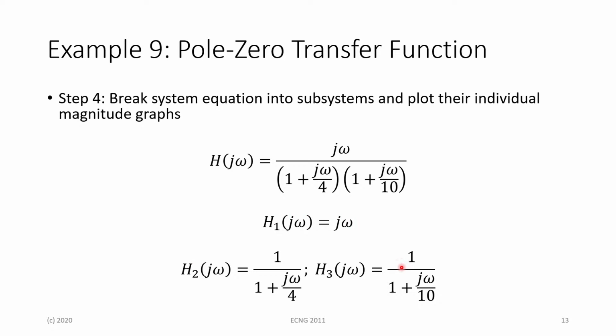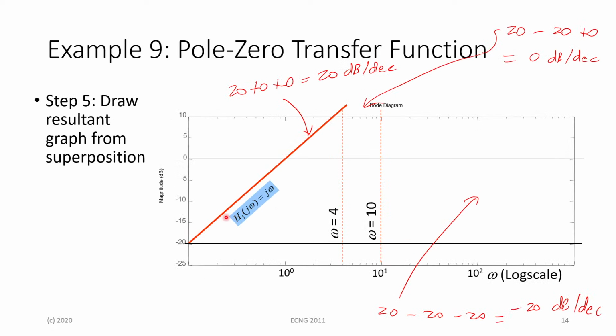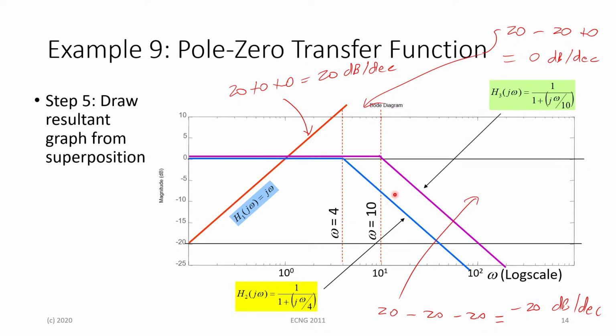When we plotted those, H1(jω) here is just 20 decibels per decade, H2(jω) is 0 before omega equals 4 and then minus 20 decibels per decade after omega equals 4. And H3 is 0 before omega equals 10, and then minus 20 decibels per decade for everything after omega equals 10. And we just sum the gradients before the first pole, in between the two poles, and then after the last pole.